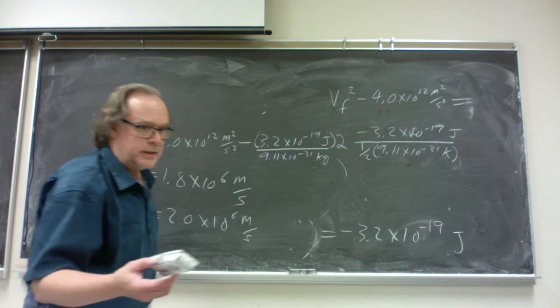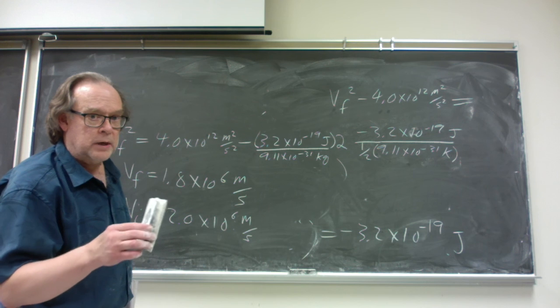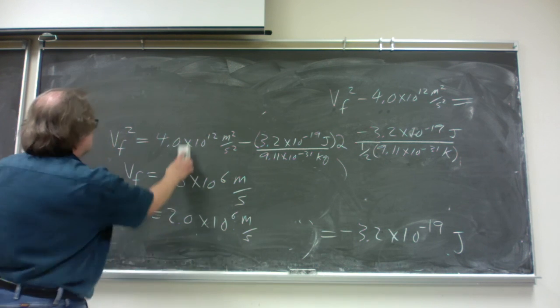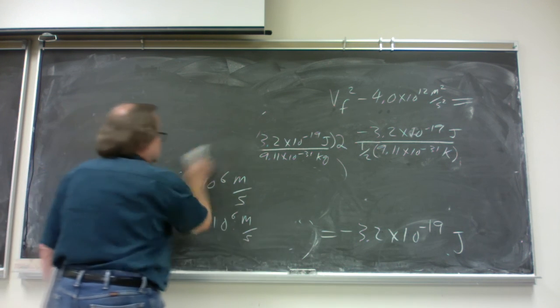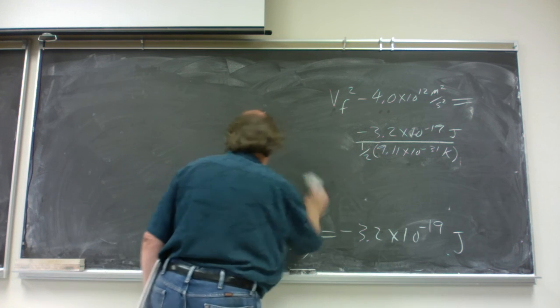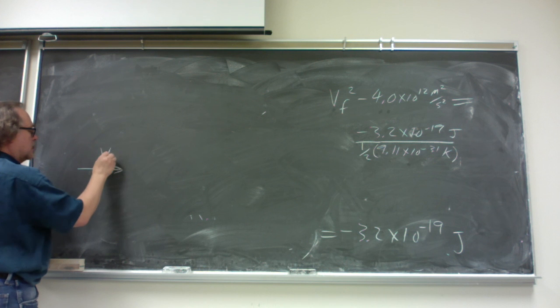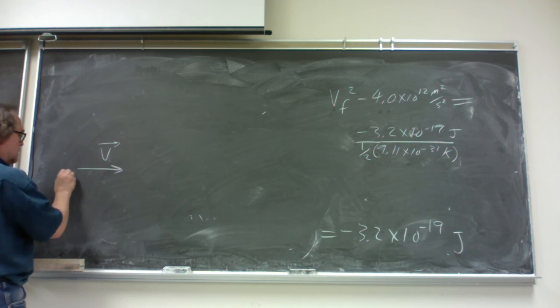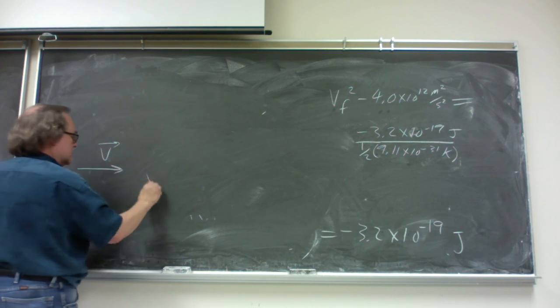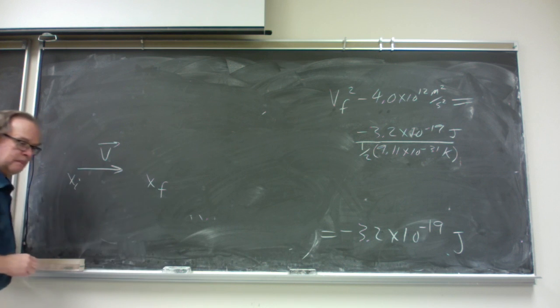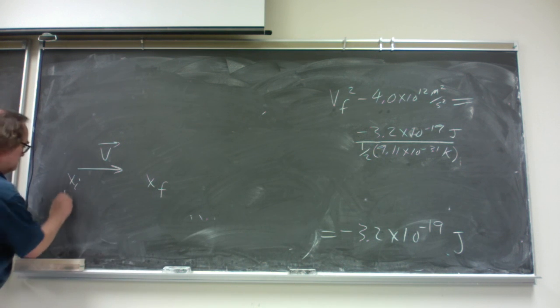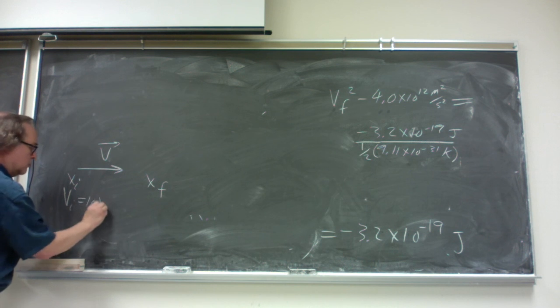Let's see how that relates to some other things we know about field and potential. So the electron is moving this way. Here's its initial location. Here's its final location. And the initial voltage was 10 volts.